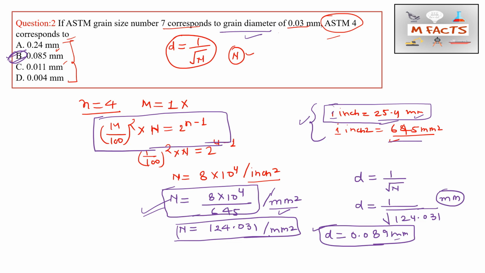In the examination you can directly use this 645 for changing to mm square. So this is how you will be able to calculate the grain diameter. These are the possible questions which may be asked from this type of problem.